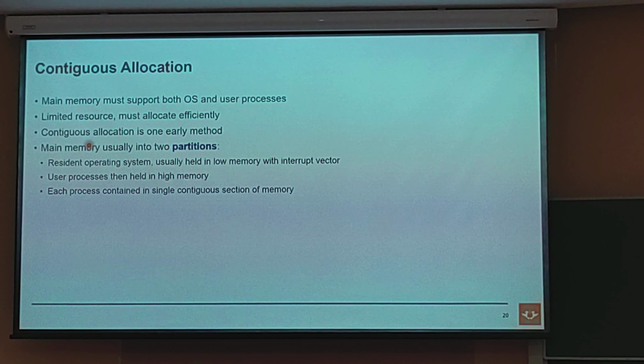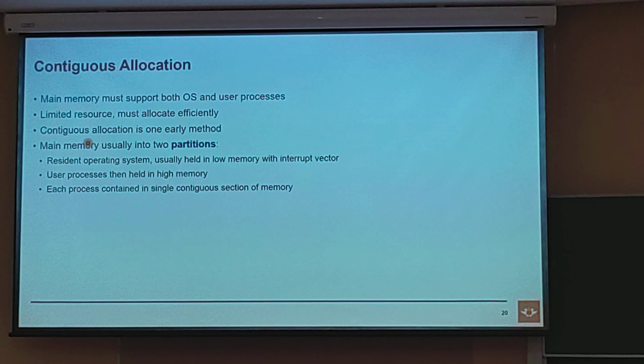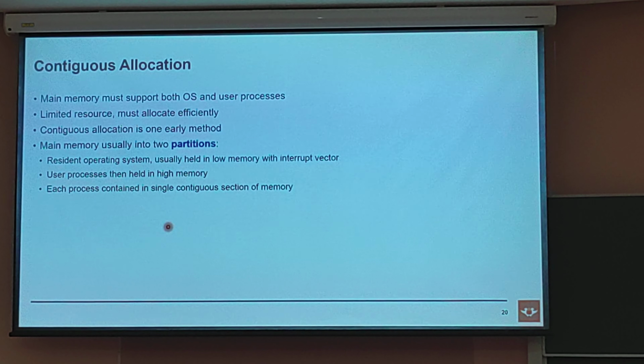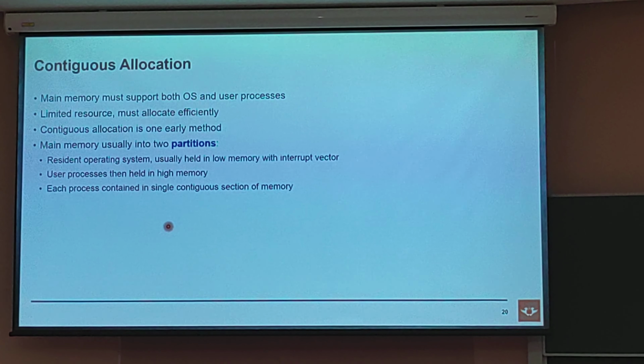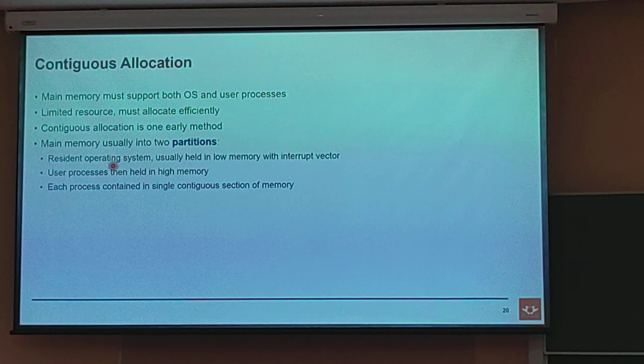Somewhere in this memory, the application must exist. Contiguous allocation was one solution used by early operating systems to help us with this. Normally, the main memory was broken into two partitions. The operating system was in one of these partitions, typically held in low memory.